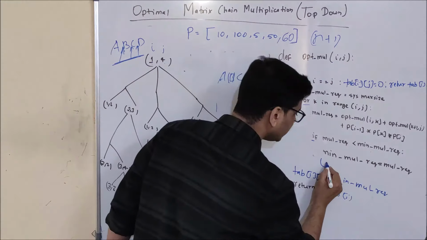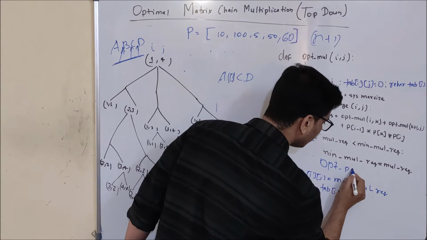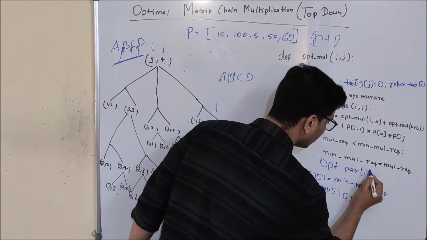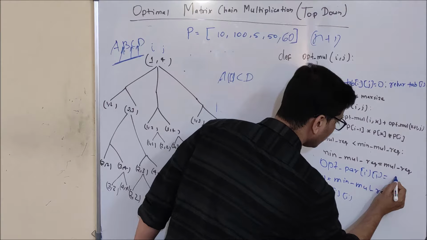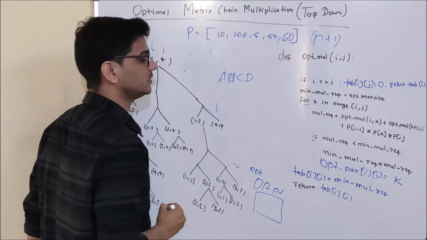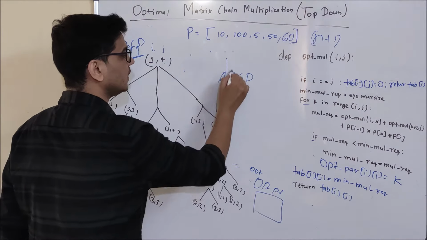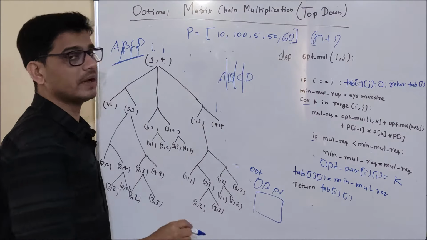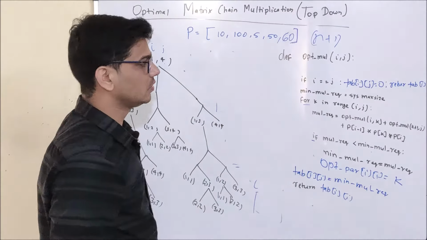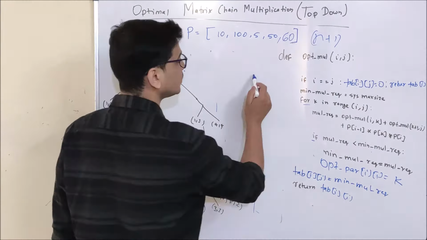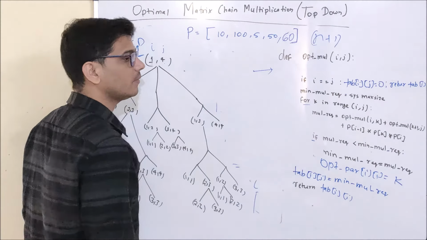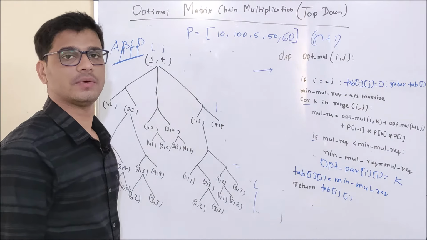So I will update in the opt pair table ij what was my optimal parenthesis. That is, I have given parenthesis after a, b, c or d for my optimal answer. Now one thing which we are missing is that we need to check whether we have updated that particular value in table or not.